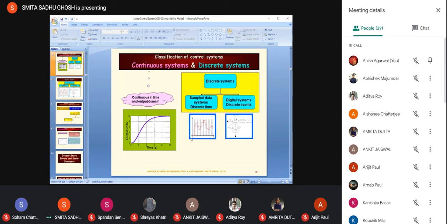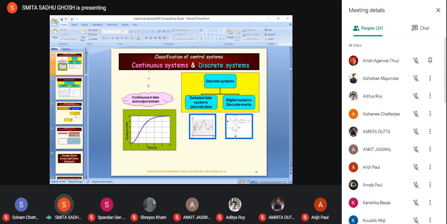So is that understood? What I said is that there are systems where the output would be obtained only at discrete instants of time. When I say discrete instants of time, what do I mean? For example, you look at this plot over here, the middle one, okay?